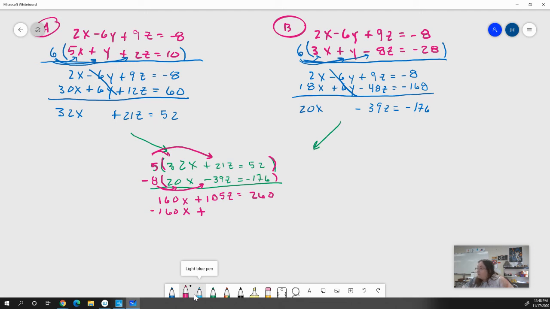And we're going to get 312z. Then we have to do negative 8 times negative 176. So we know again it is going to be positive, and it's going to be 1408. It's an ugly 08, but that's 1408.